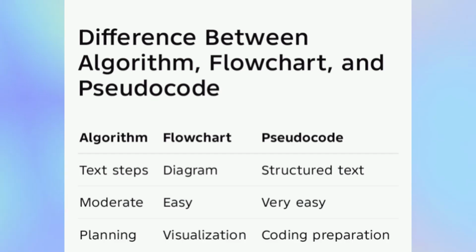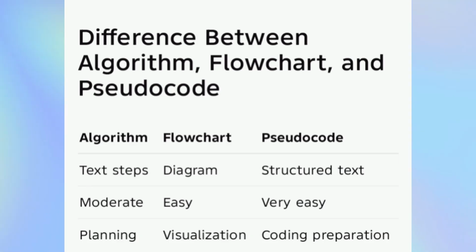Pseudocode is structured text. Algorithm has unstructured steps, but pseudocode has structured steps. Understanding: moderate, easy, very easy. Humans can moderately understand an algorithm, but very easily understand a flowchart, as it is a graphical diagrammatic representation. And pseudocode is very easy to understand and human readable.